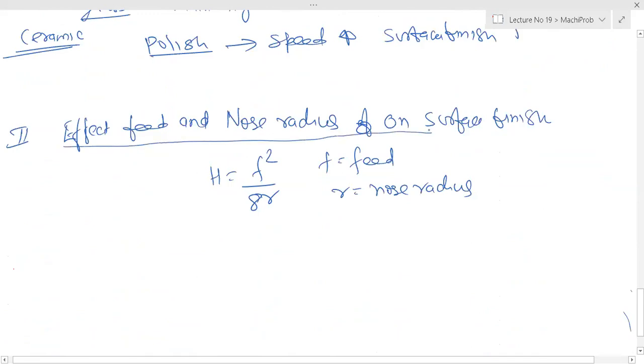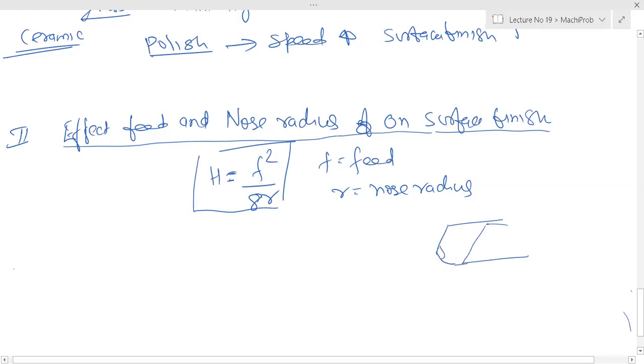Effect of nose radius on surface finish. H depends on your feed and nose radius. We have already discussed this in a tool right now. This was your nose radius.